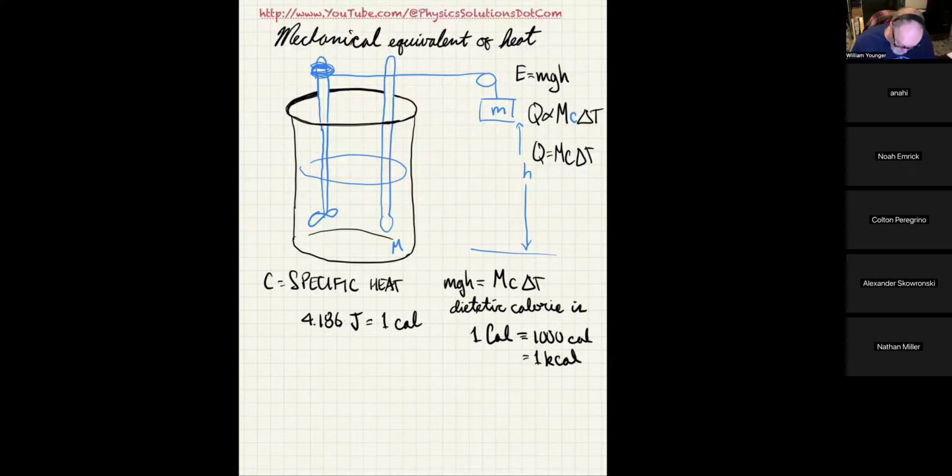Now, in addition to this 4.186 joules equals 1 calorie, you could also say 4.186 kilojoules is equal to 1 kilocalorie.